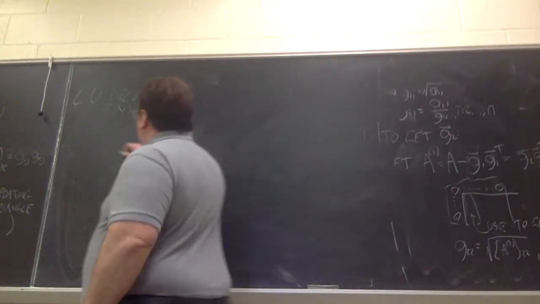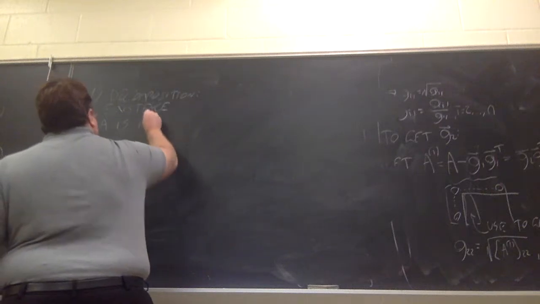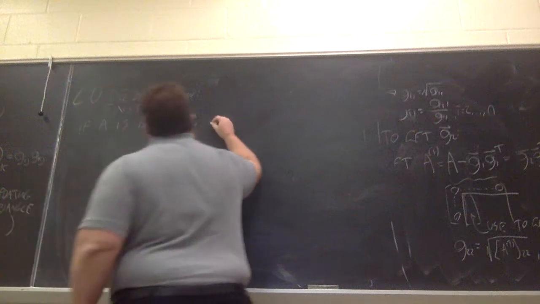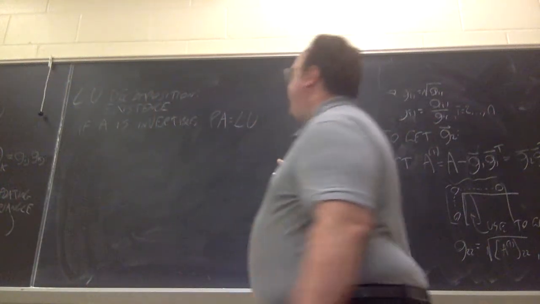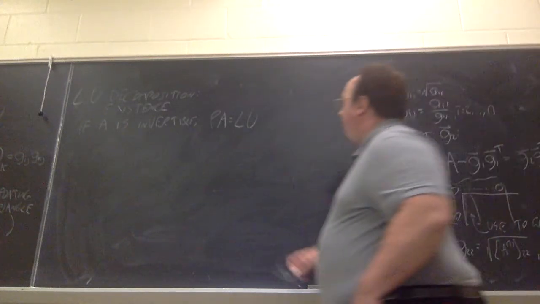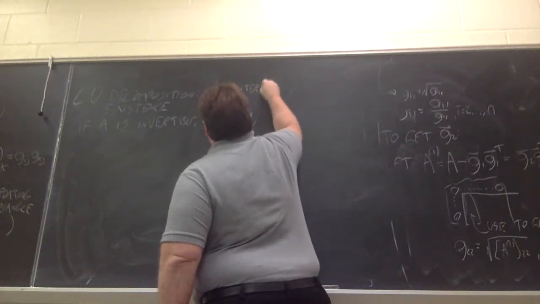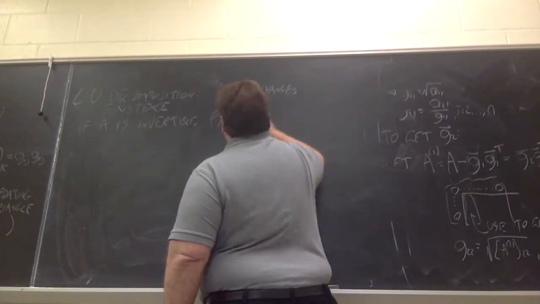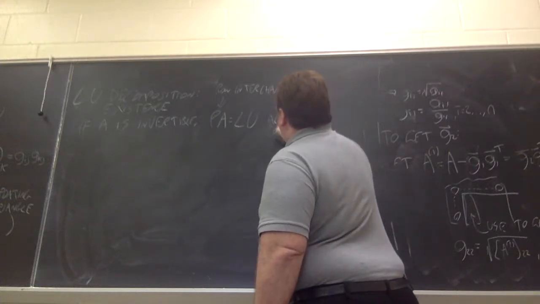If A is invertible, this factorization, PA equals LU, where P is a permutation matrix that rearranges the rows of A, for row interchanges, can always be achieved.